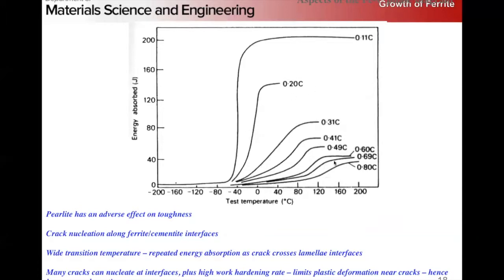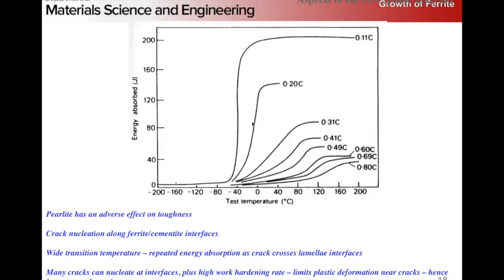The interesting thing is that we have a wide transition temperature, right? So basically the crack crosses the lamellae, right? Every time the crack propagates across another lamellae, we're going to absorb energy, right? At each crack, right?